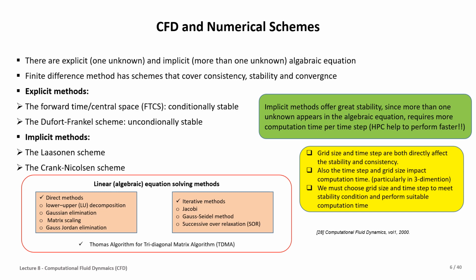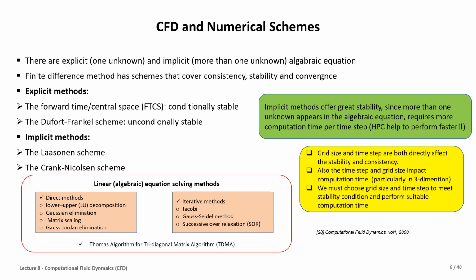Also, if we have small sizes of the time step and grid size, the computation will be too high, especially when we have 3 dimensions. So it's very important to choose the optimum size of the grid and time step to be able to run a solution with stability, consistency, and also appropriate computing time.